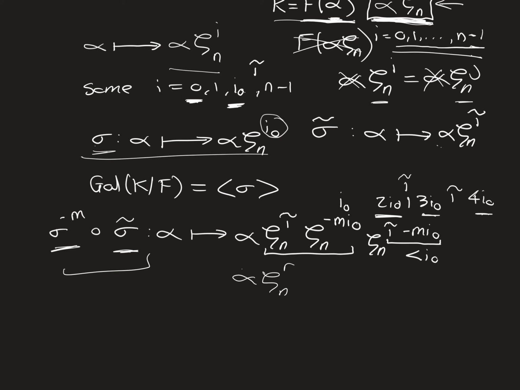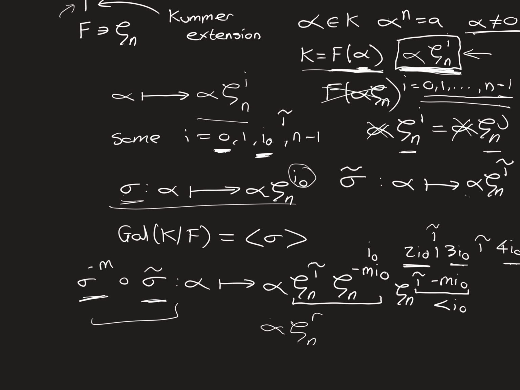So that's how you can prove that the Galois group is generated by this sigma that maps alpha onto alpha zeta n to the I0, where I0 is the smallest positive value in this collection of possible values for which it is actually an F automorphism. Brilliant. So that proves that this is a cyclic group generated by this sigma.